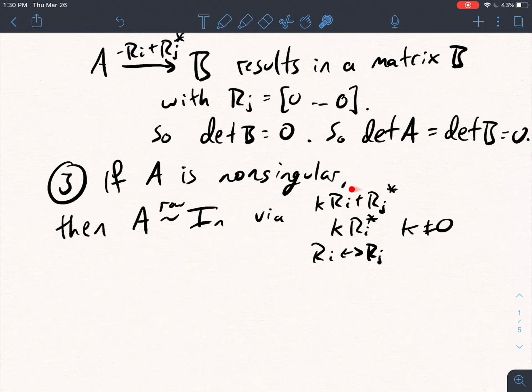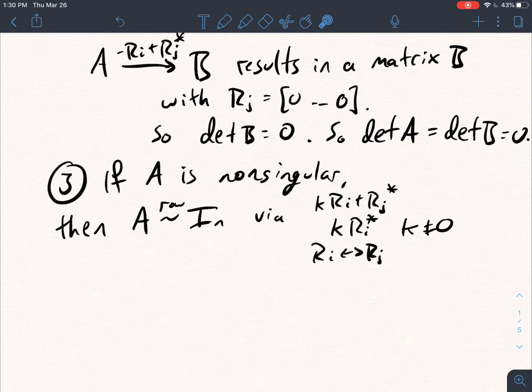And what effect do these have on the determinant? Well, this one has no effect. If I add rows to other rows, that does not change the determinant at all. So that one's fine. If I multiply a row by a non-zero scalar, then that multiplies the determinant by that same non-zero scalar k.